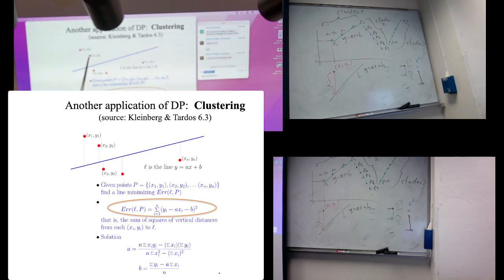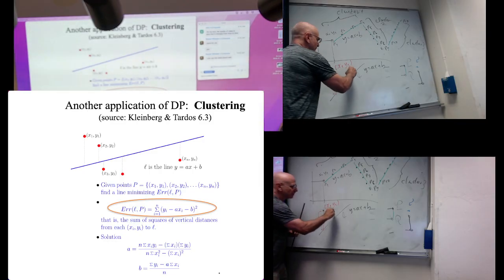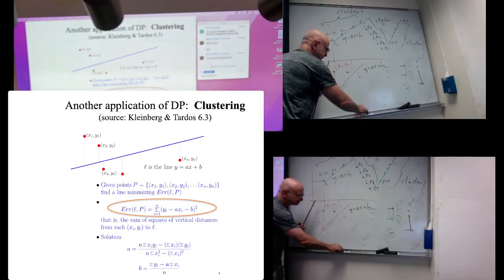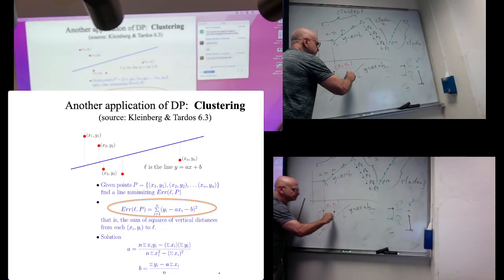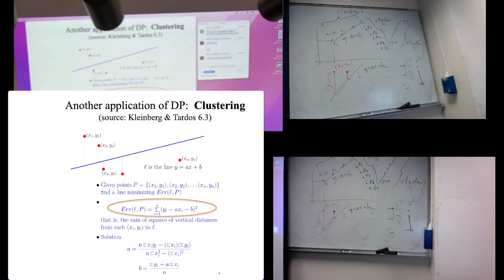I also measure this vertical distance with respect to x2, another point over here, and another distance. And so on, I'm done doing it for all the points all the way to xn, yn. And I want to find a line that would minimize the error.